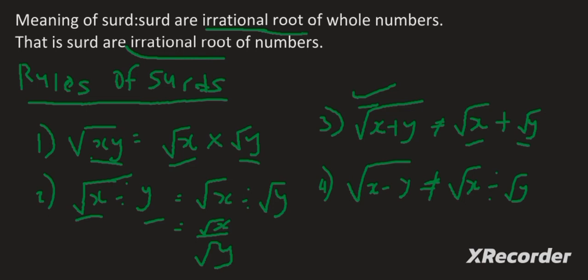Also, the root of x minus y is not equal to the root of x separately minus the root of y separately. That is the basic thing you should know about irrational roots of whole numbers, which is what surd is about.